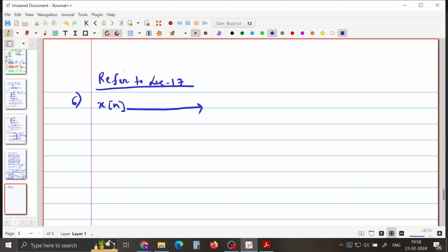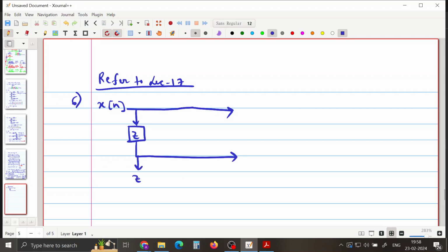I'll extend this somewhere till here. Then this is the first branch. Then we have an advance block like this.